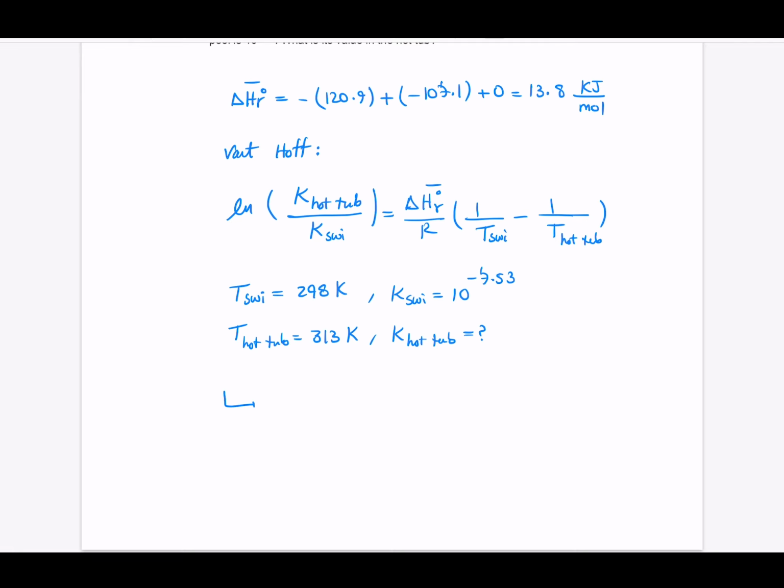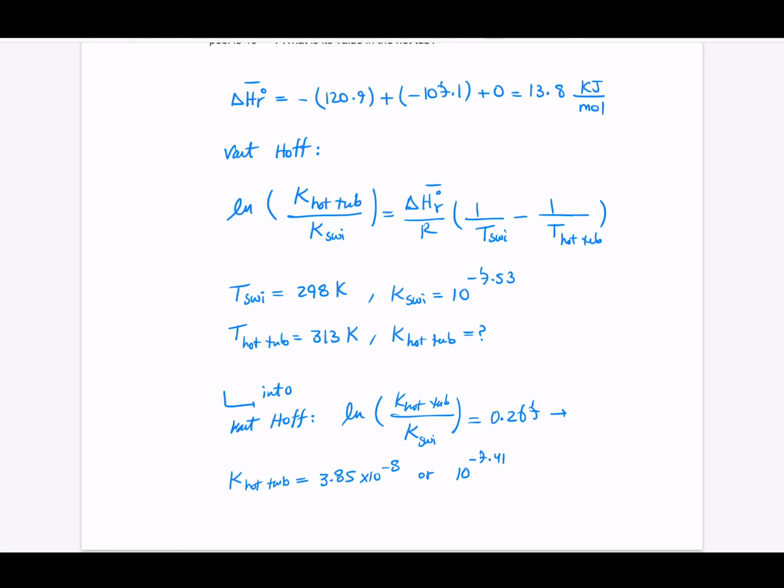So if we add everything into the Van't Hoff equation, then we get ln of K hot tub to K swimming pool of 0.267, or the K value of the hot tub to be 3.85 times 10 to the minus 8, or 10 to the power of minus 7.41.